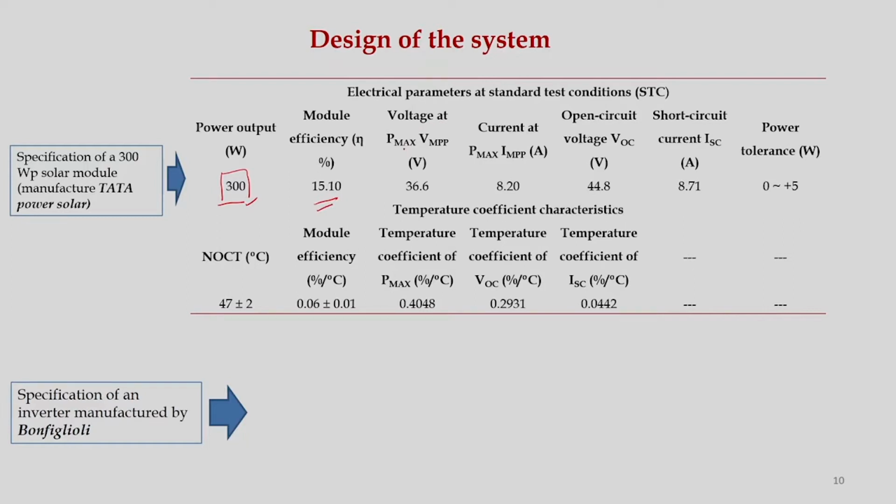Voltage at P max, that is VMPP, is 36.6, and current at P max is 8.20, and then open circuit voltage VOC is 44.8, short circuit current is 8.71, and power tolerances are given, and also NOCT, nominal operating cell temperature, is 47 plus minus 2.